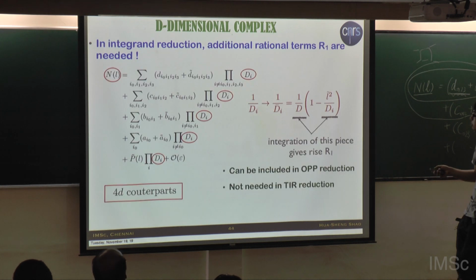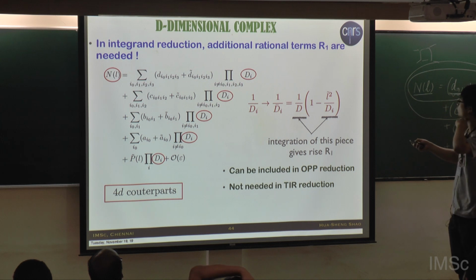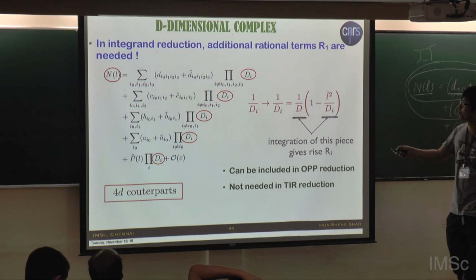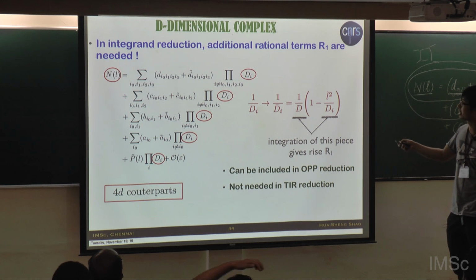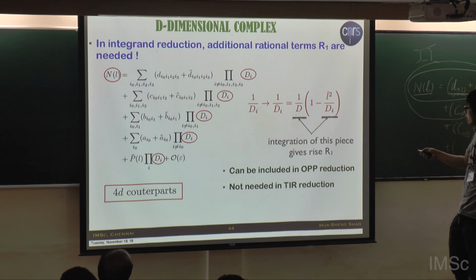Okay, I'm done with this one. Another complication is in the decomposition. I was cheating you a bit at the beginning, because I decomposed into di, not di bar. All the loop momentum is a four-dimensional quantity, and the di can also only be four-dimensional, because you lose the 2 minus epsilon information here. This can be decomposed in a way like this, and it can be calculated directly when you do the integration.